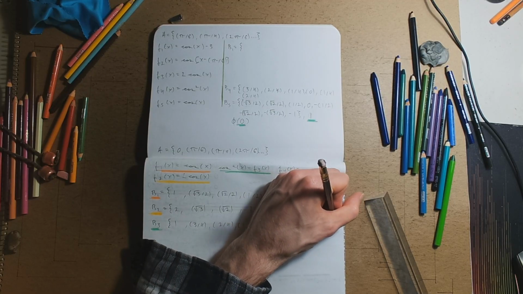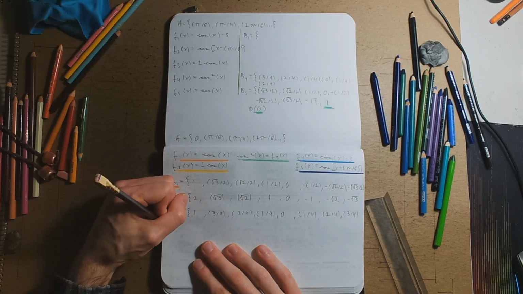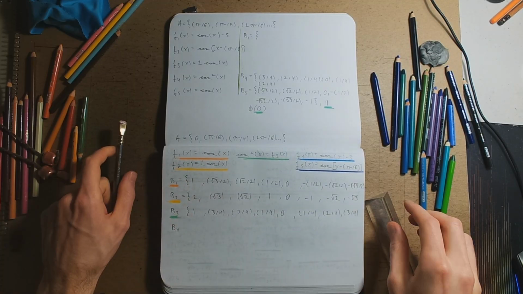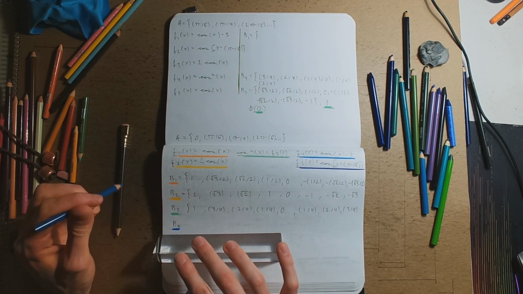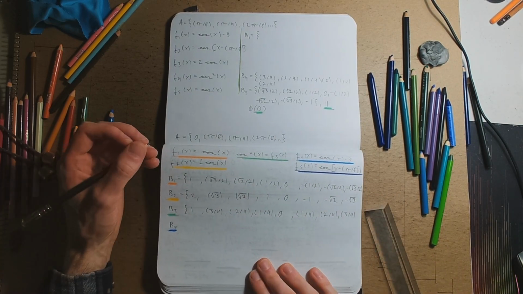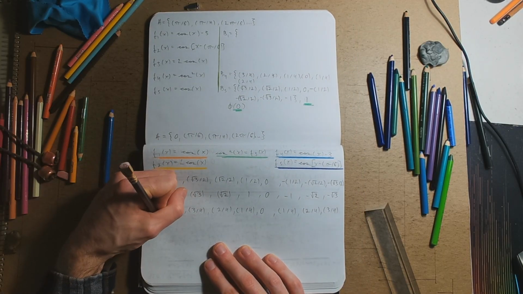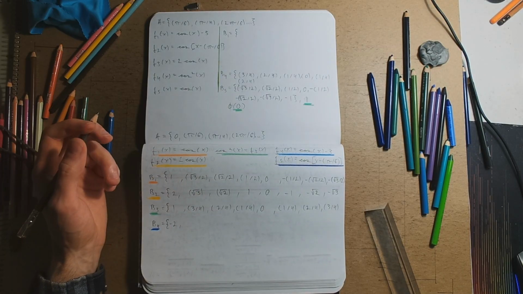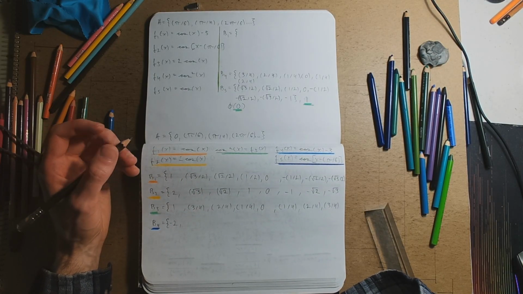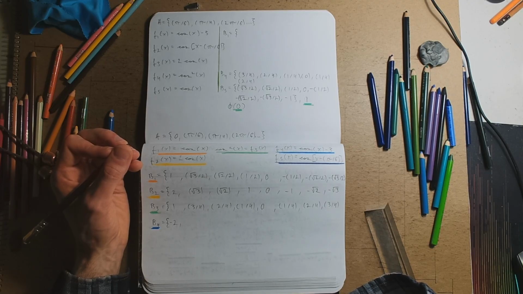And 3 divided by 4. Okay, B4. Cosine of x minus 3, that would be negative 2. Okay. Interesting.